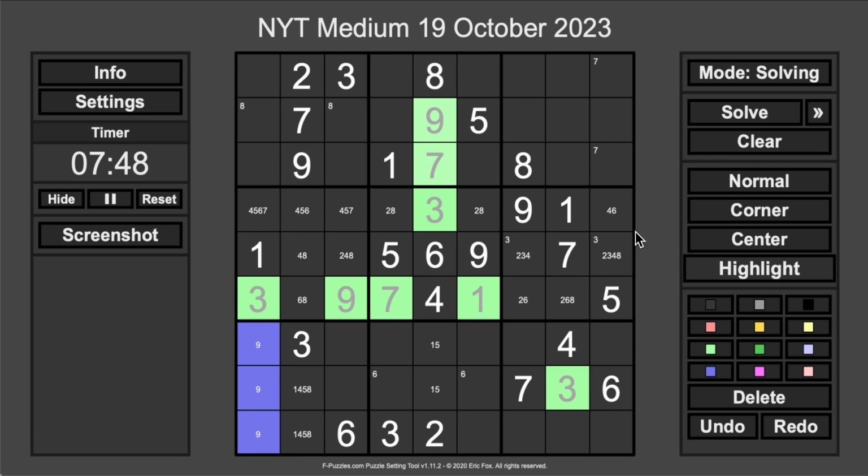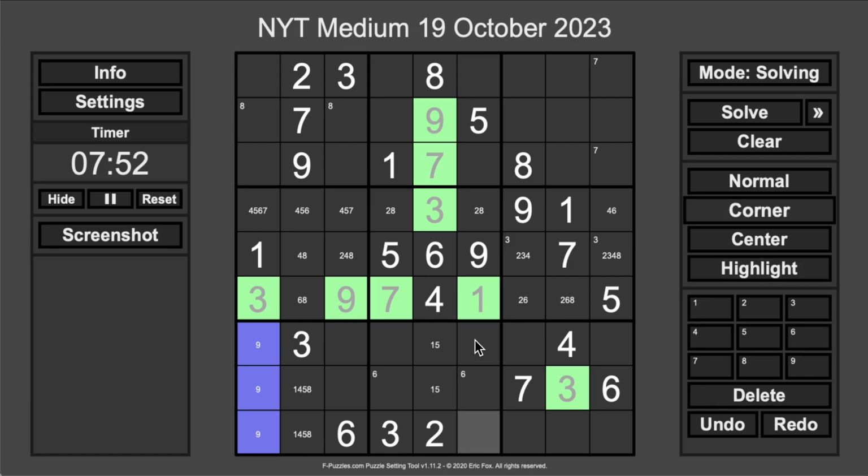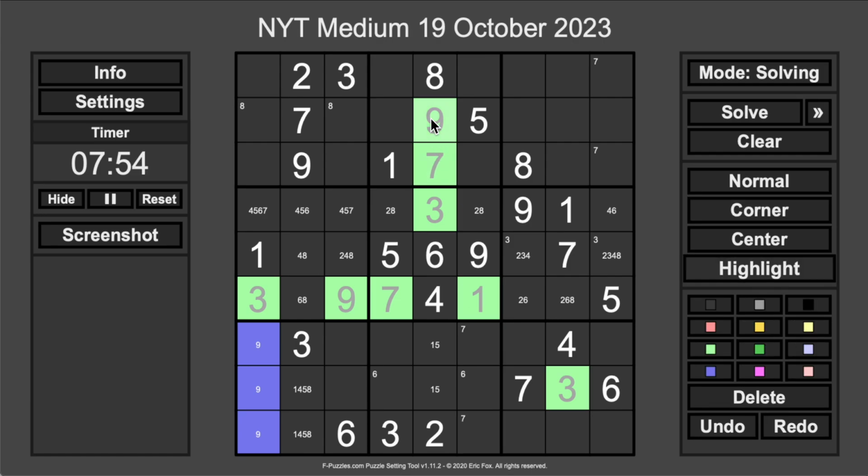Now, those 2 7s force one of those to be a 7, and as for 9, these 2 9s force one of these to be a 9. So I might have an X-Wing on 9s from those two and these two. I don't know definitively that this one is not 9.